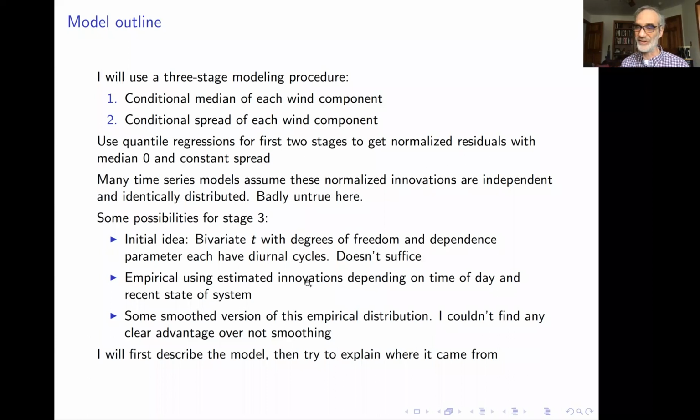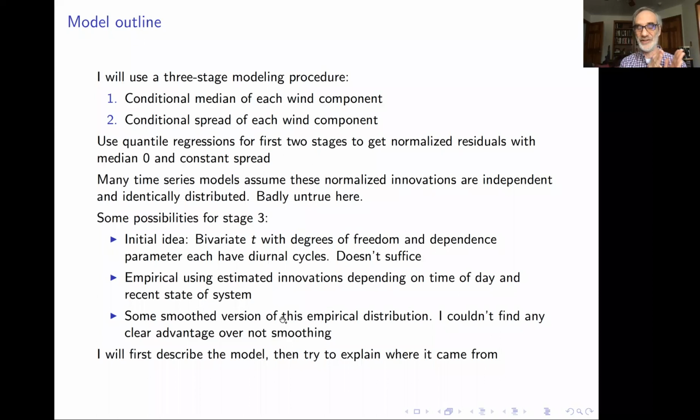And I'll show some figures later that will, I think, show that. So then I switched to using empirical innovations. I have 145,000 data points, right? So I should be able to fit distributions just empirically pretty well. I've also looked at whether I should smooth these empirical distributions, which I think is worth considering, but to the extent that I tried it, I couldn't show that it obviously made things better. So I gave up on that. So my innovations are going to come from empirical distributions.